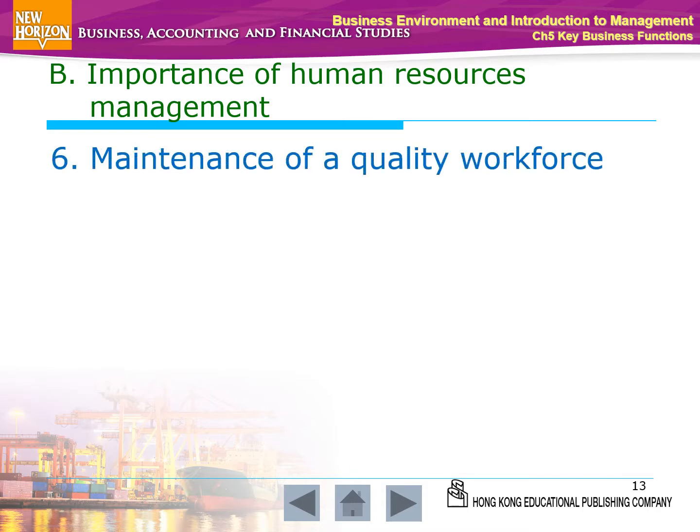Okay, number 6, maintenance of a quality workforce. This is very important. I've told you that workforce or employees are assets to a business. So if the workforce is of high quality, the chance of success of the business will be higher.